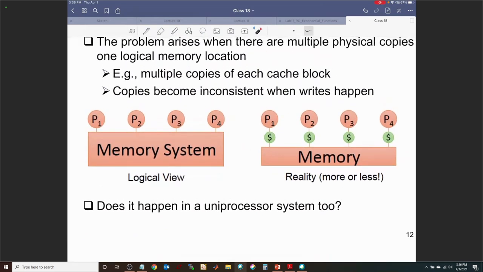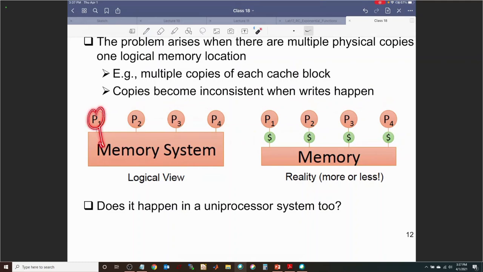So the logical view to a user is what? You have a very, very big memory system. Maybe you have a memory hierarchy that is leveraging virtual memory. If you're using virtual memory, then you look at a very, very big view, like the illusion of having a really big memory system, which is being accessed by multiple processors, multiple CPUs, multiple cores.